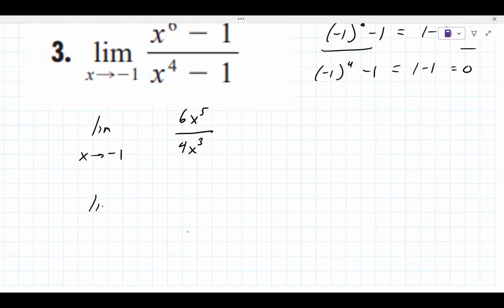It's really the limit as x approaches -1 of 6x squared over 4. And you always go back to just trying the number. 6x squared over 4, and then -1, so 6 over 4. And what does that reduce to? 3 halves? Yeah, very good.